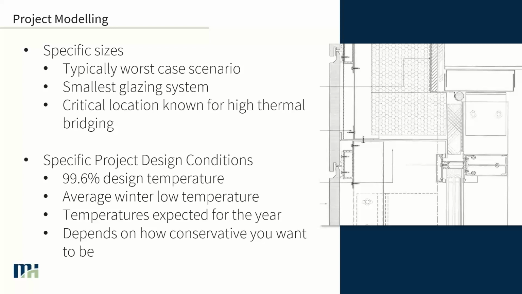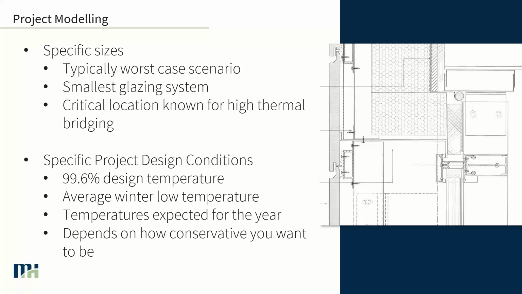It may not be the typical piece, but at least we know that's probably the worst case we have. We also want to find critical locations with high thermal bridging, maybe specific structural connections or some penetration through your glazing system that will likely cool down the frames and be a higher risk for condensation.